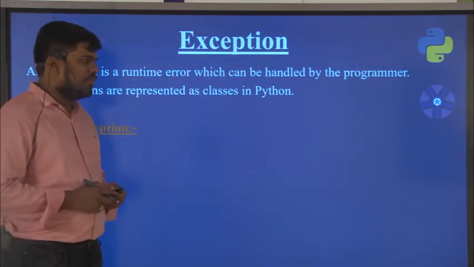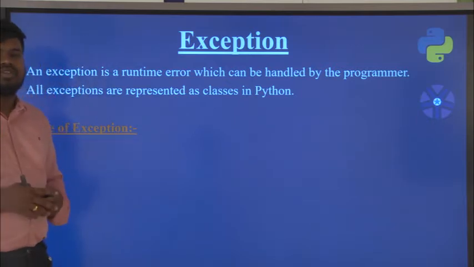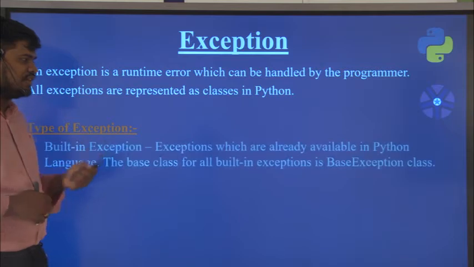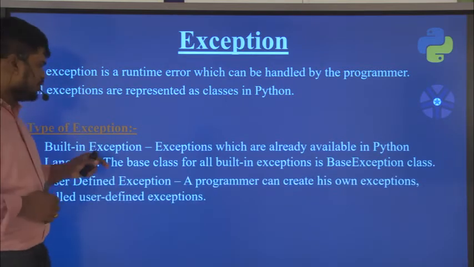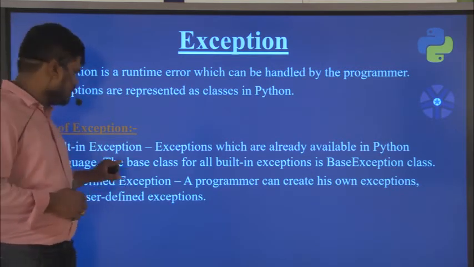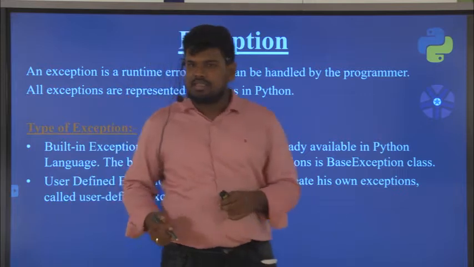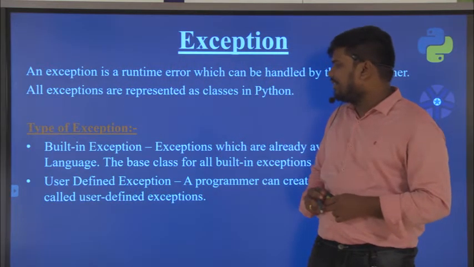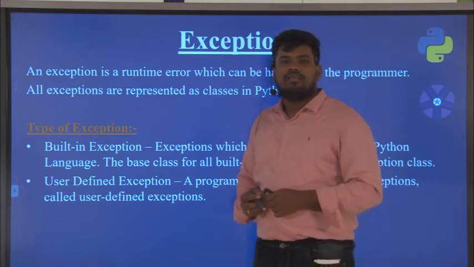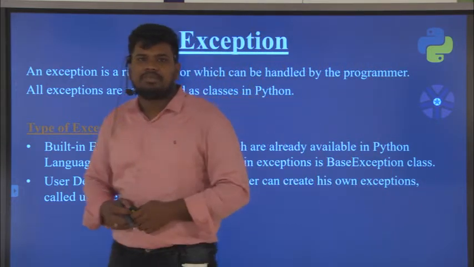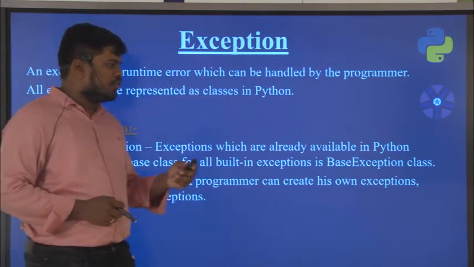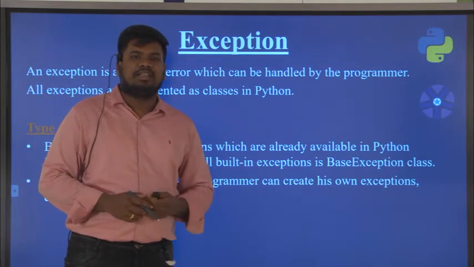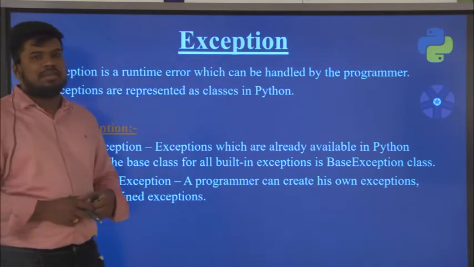Coming to the next one, types of exceptions. There are two types of exceptions. The first one is user-defined exceptions, and the next one is built-in exceptions. Coming to the differences between a built-in exception and a user-defined exception: a built-in exception is nothing but an exception which is already available in Python.